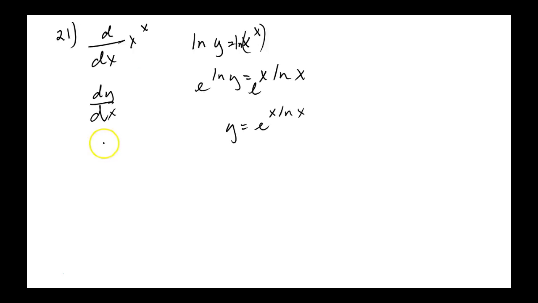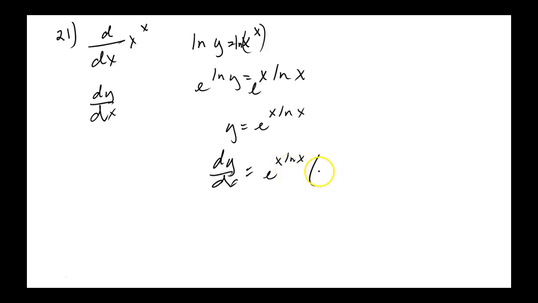So let's then take the derivative of this. dy/dx would be e to the x log x first, and then, this is the chain rule, by the way, you take the derivative of the argument, x log x, and that's the product rule.